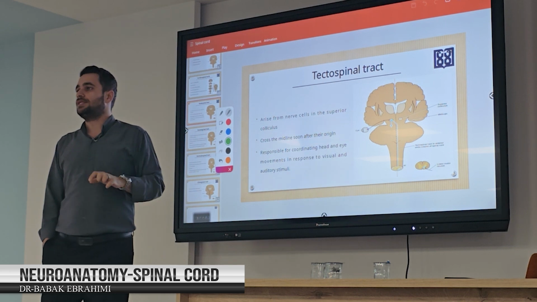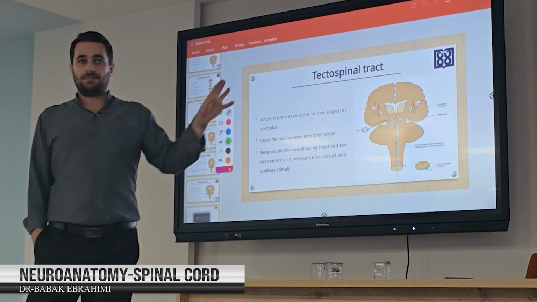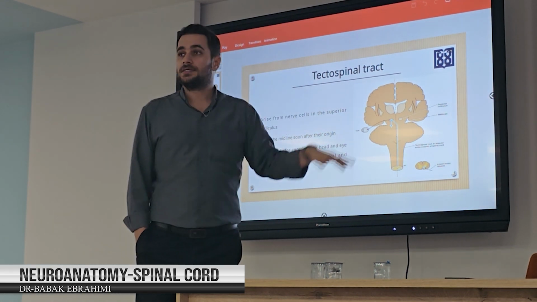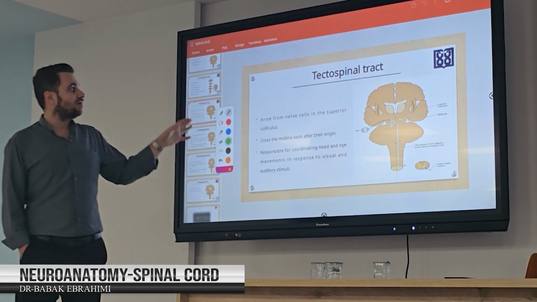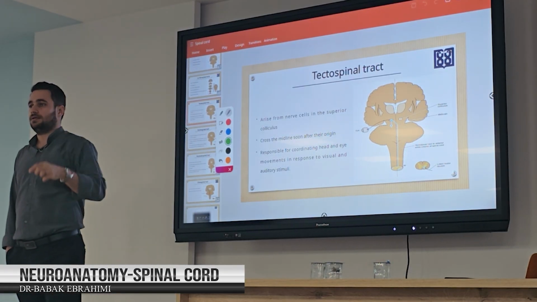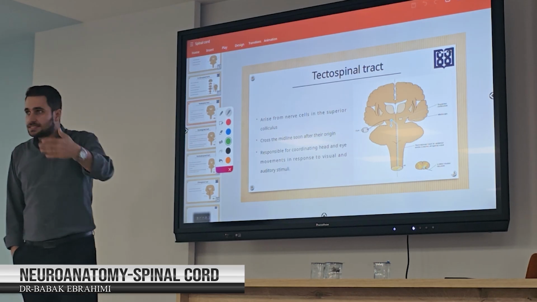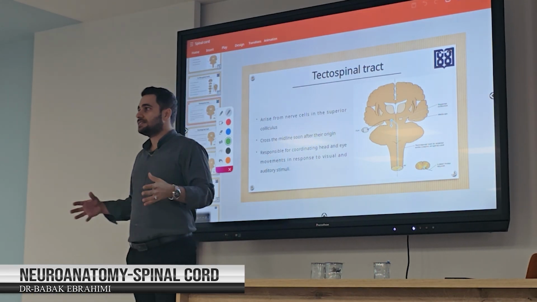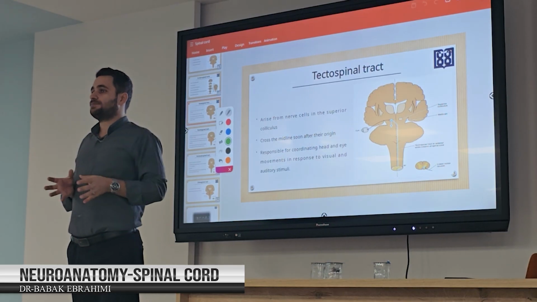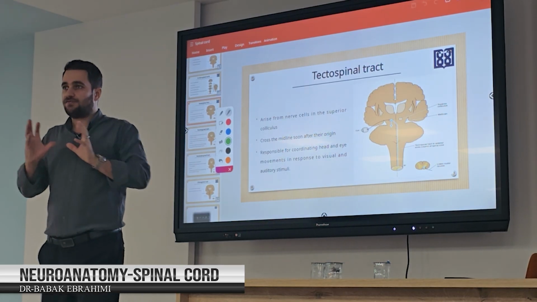And also you must know that, for example, you remember in the sensory tract, I told you we have a spinotectal. On the reverse side, we have tectospinal. It means that I am one part of the spinal cord and send the information to her.